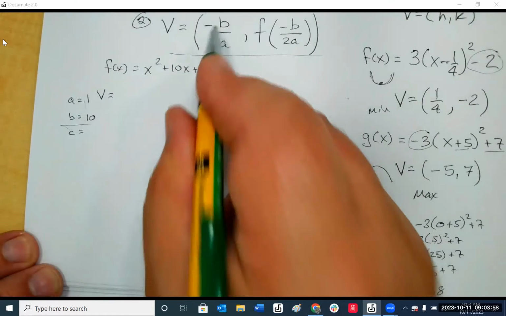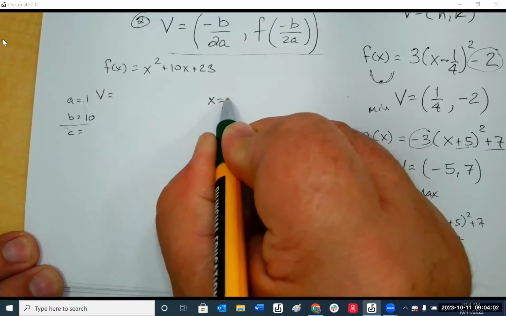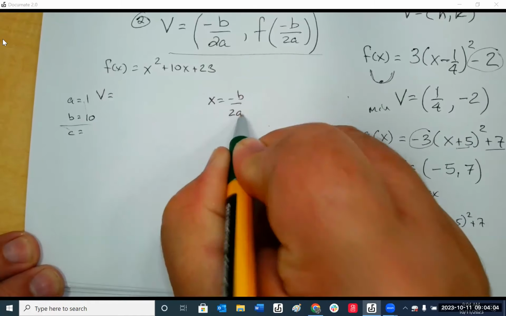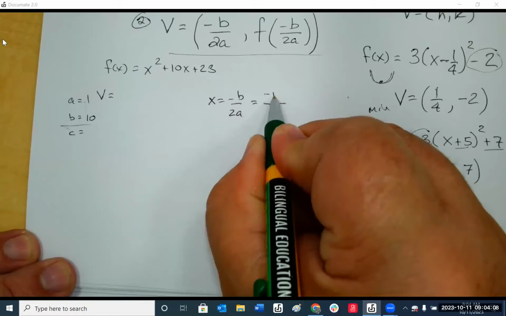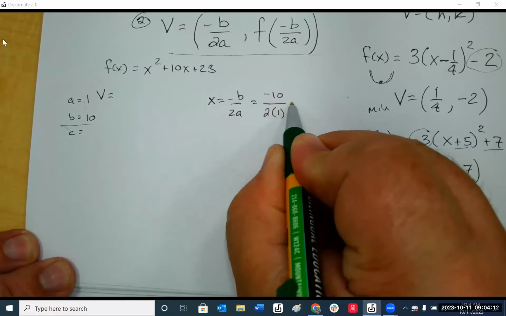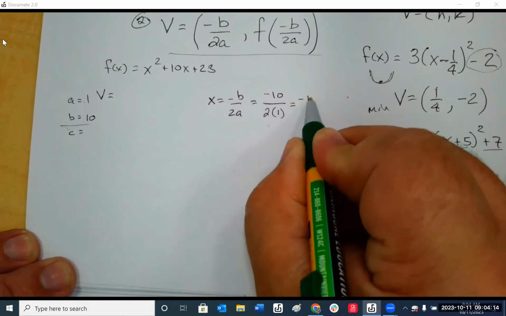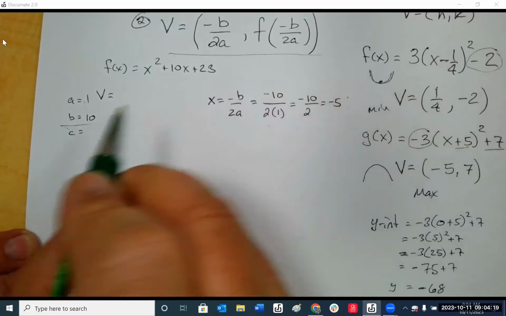So we have to first find the x value. The x value is negative b over 2a, which is also the axis of symmetry, which is negative 10 over 2 times 1, which is negative 10 over 2, which is negative 5.